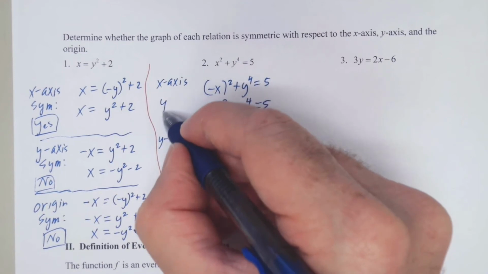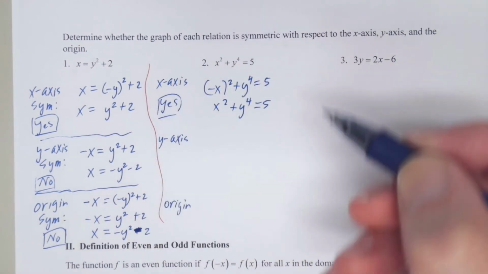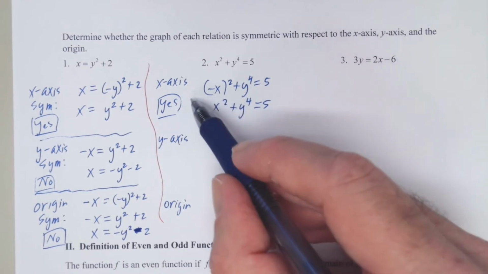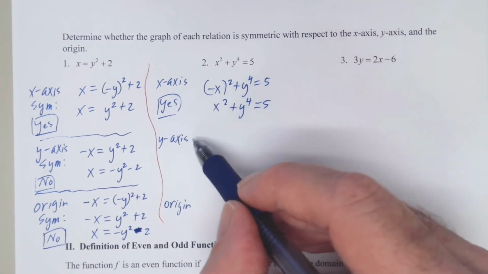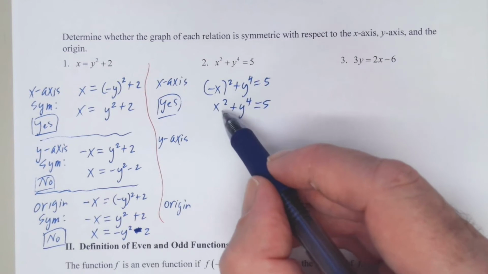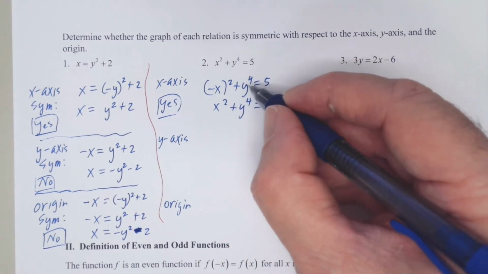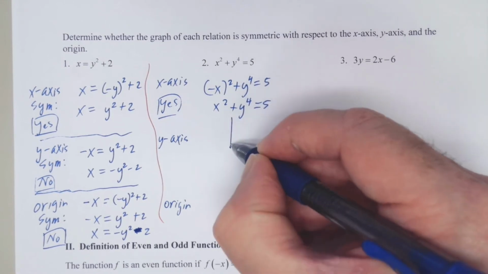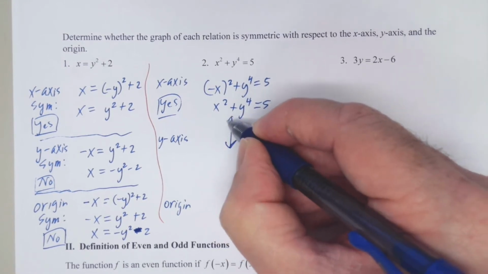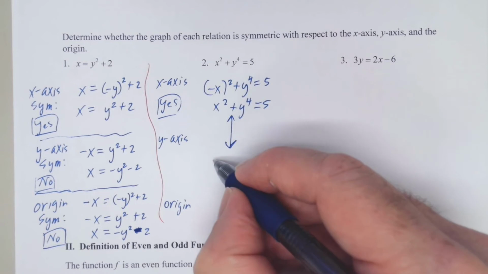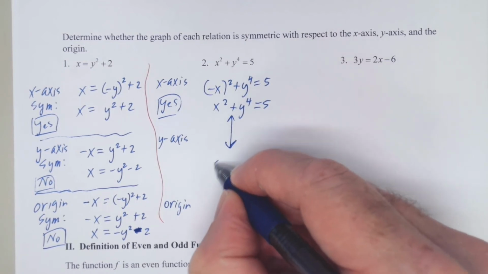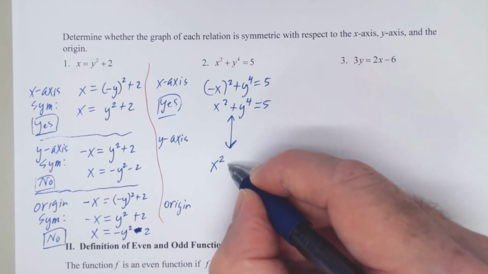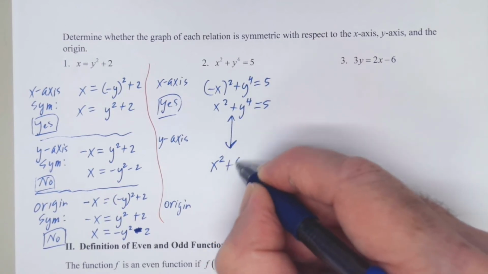And so here we can say yes, we have x-axis symmetry when we replace, oops, I messed that up. I just did the test for y-axis symmetry. I should have replaced y with minus y. So I'm going to switch these here. So here I'm going to replace y with a minus y.